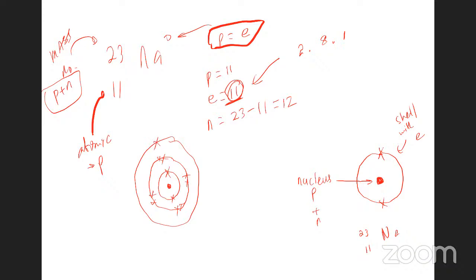And in physics, you have to show that you have a nucleus here with 11 protons and 12 neutrons.